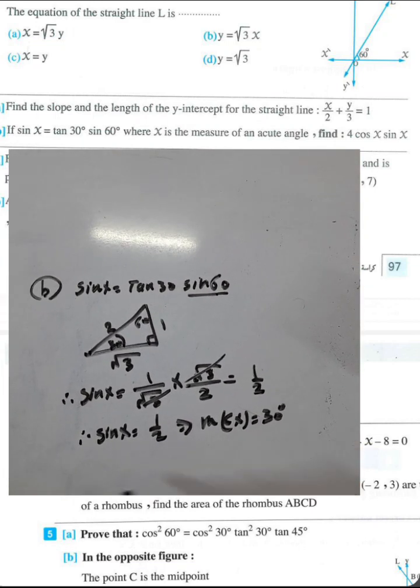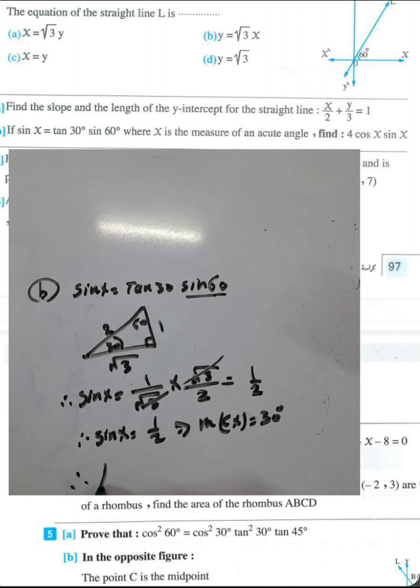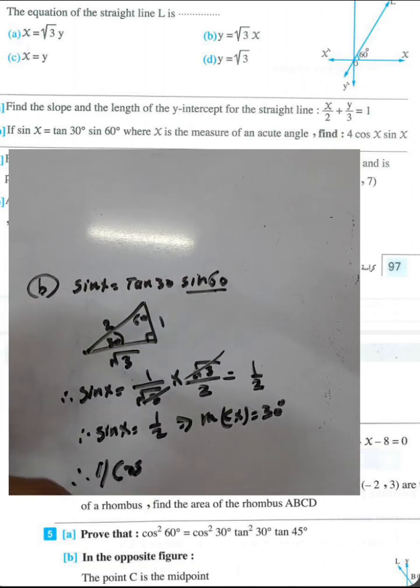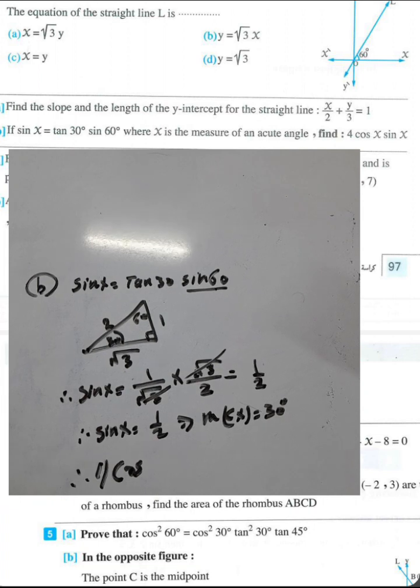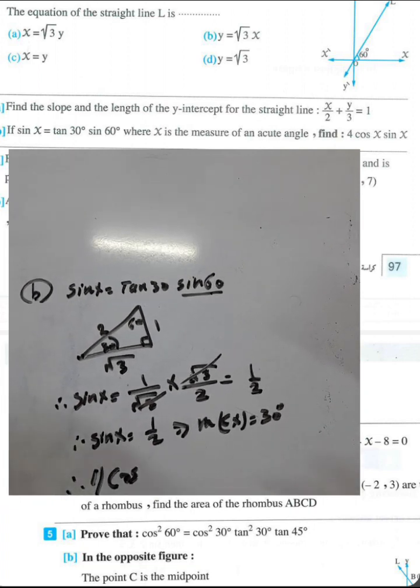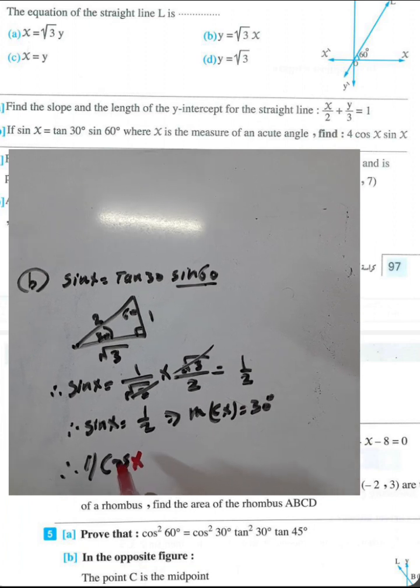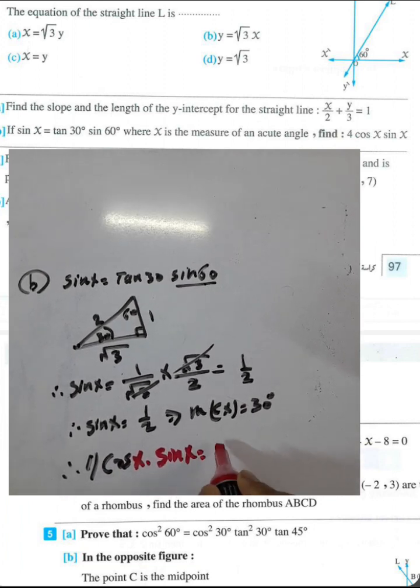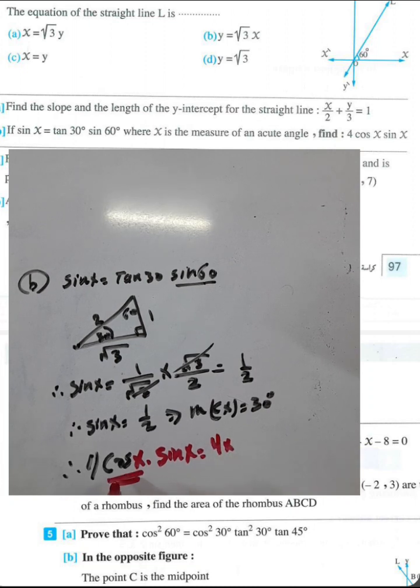And then you want to find cosine x times sin x. We can write 4 times cosine x times sin x. X here was 30.